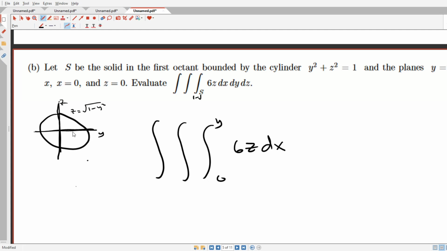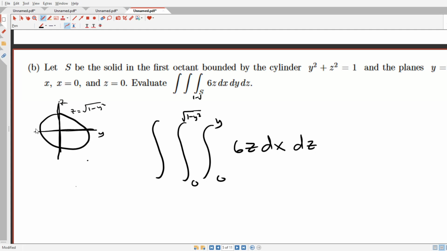Z goes from 0 to root 1 minus y squared. So that's z. And then y goes from here, the line x equals 0.